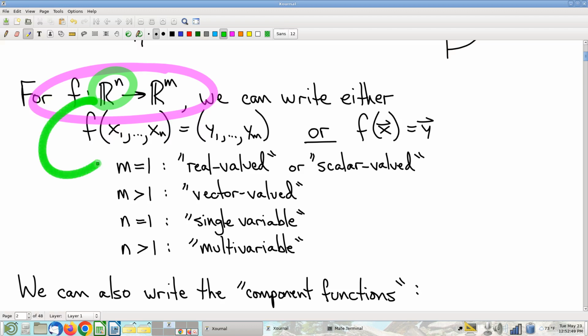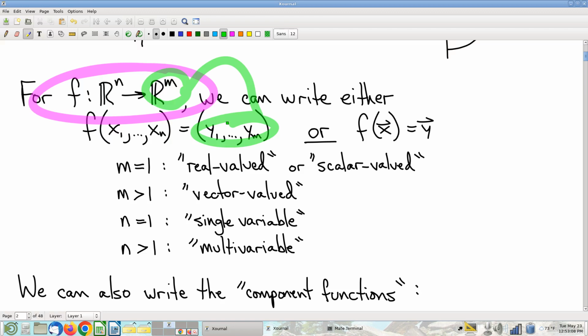Aka a list of coordinates describing a vector in Rn. So you might say that what goes into this function is an ordered list of n real numbers. So, anyway, that's one way to think about it. Likewise, what comes out of this function is an ordered list of m real numbers, otherwise known as a vector in Rm or a point in Rm.